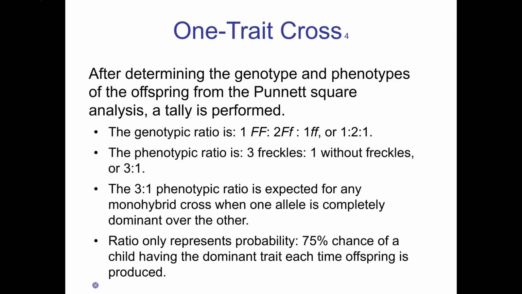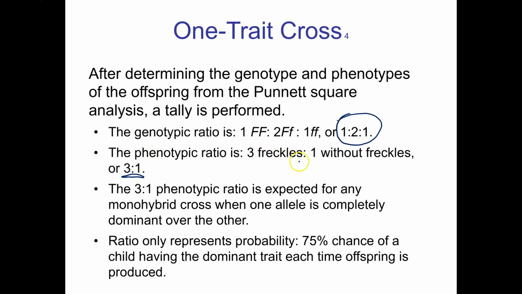Once you have that Punnett square done, then you can determine that genetic or genotypic ratio, which would be 1 big F, big F, 2 big F, little f's, and 1 little f, little f, which gives you a 1 to 2 to 1 ratio. The phenotypic ratio is a 3 to 1 ratio.